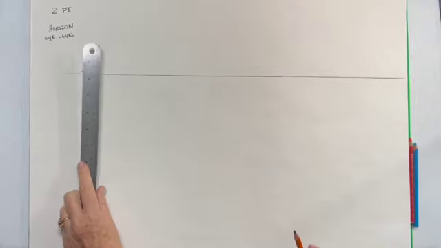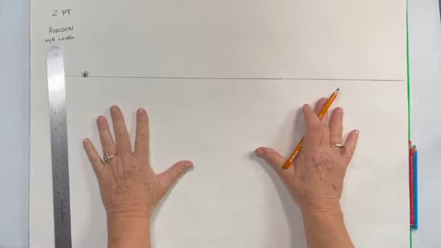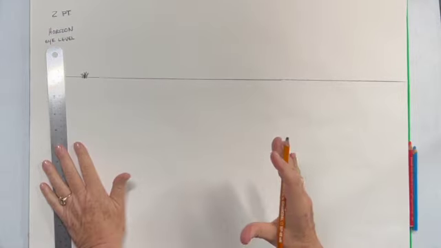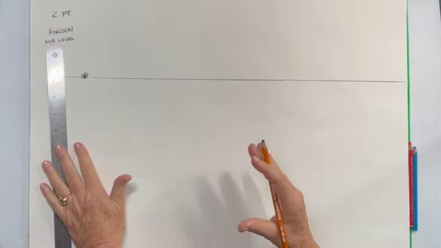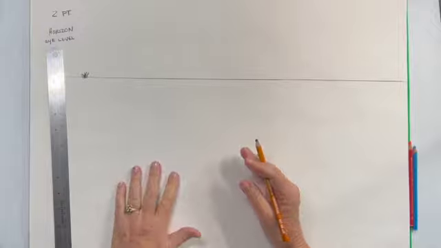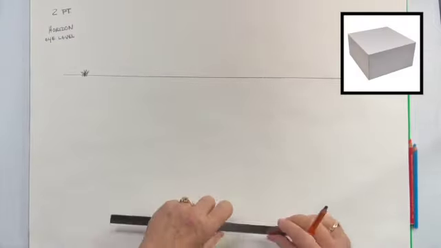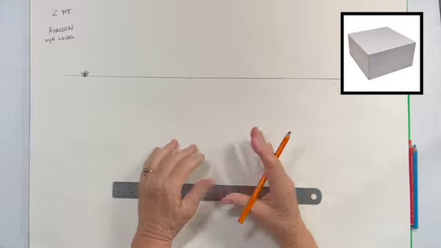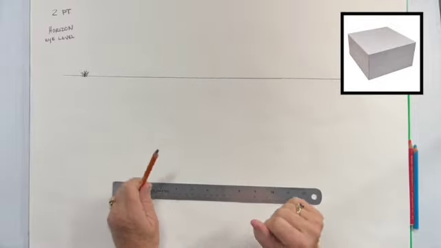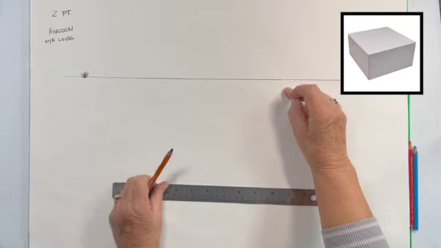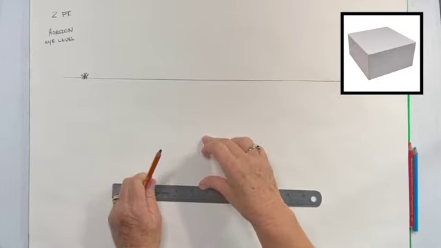When we are starting in two-point perspective, a common aspect if we're doing a still life is if we're looking down on a box. So, the very first thing we want to do, say we're looking at a box in front of us, our eye level is up here, but the box is sitting below that.